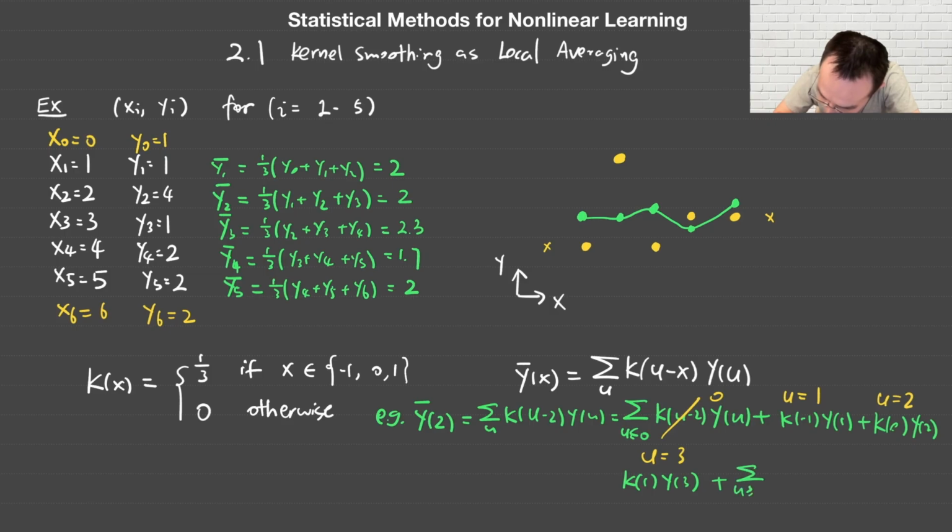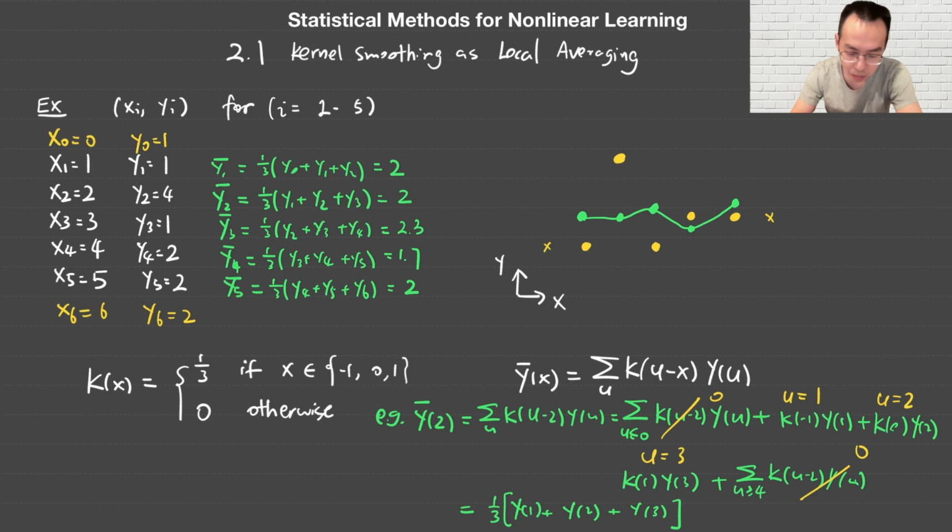When u is greater than or equal to 4, all of those terms become 0. Now we see this y bar is exactly the same as y2 bar for our local averaging.